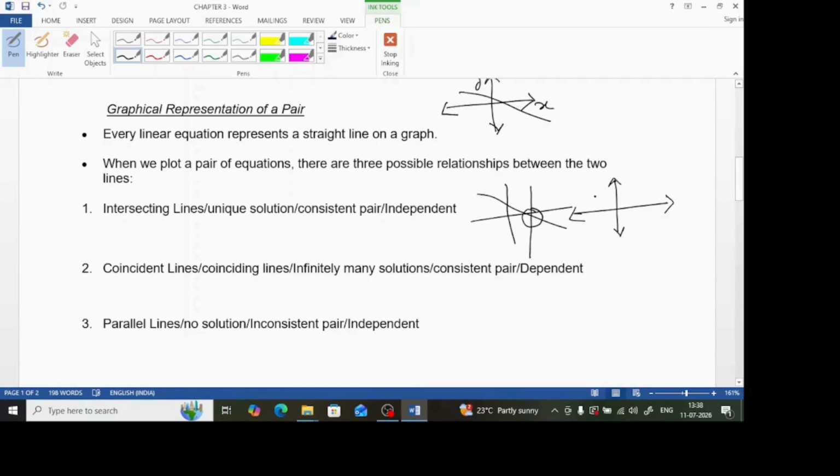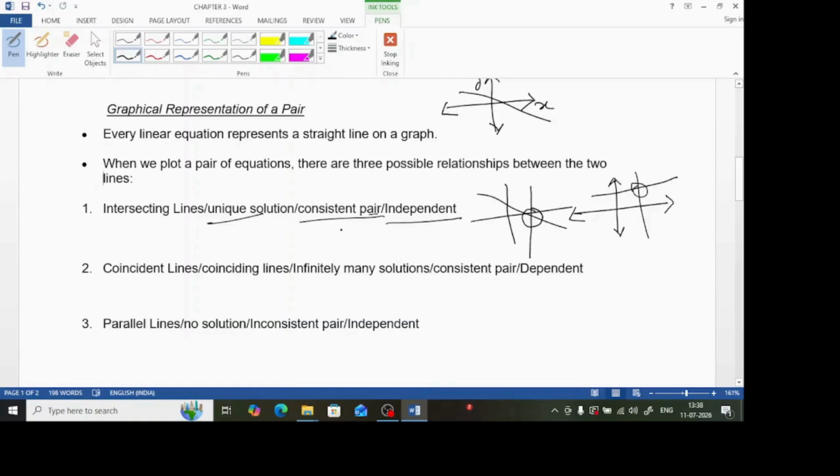If we plot any two lines on this graph, one possibility is that we may get two intersecting lines. Where these two lines intersect each other, this is known as the unique solution, and the system is known as a consistent pair, and this is known as independent.